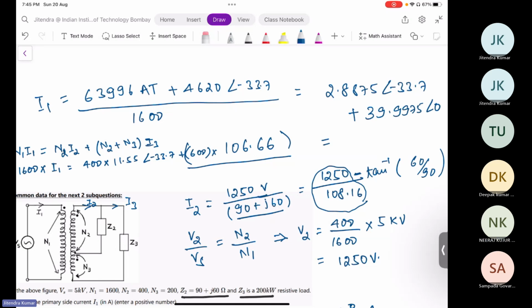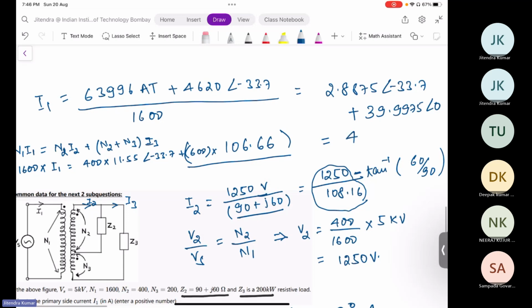If you add this, around 43 with some angle, right? 43, and what is the angle? 33.7 cannot be, because 33.7 is attached to the first term and the second term is real. So the real term will change, however the imaginary term will be the same. So it should be less than 33.